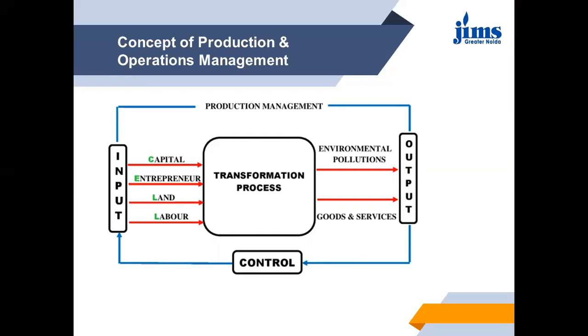So goods and services, of course, is the positive and desired output, but we all know when machines function and factories work, we have an output which is unwanted, and that's called environmental pollution of various kinds. So that is why environmental pollution is also shown in the picture. And then, of course, there is a control mechanism controlling the input, the transformation processes, and the output, because I mentioned in one of the definitions that it is done in a controlled environment.